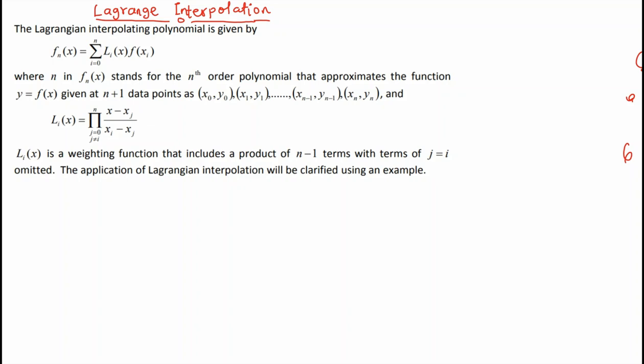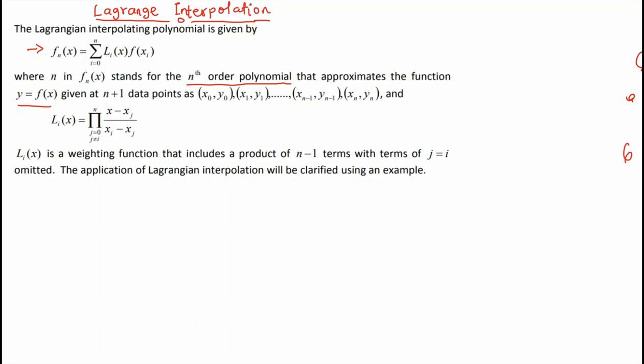The Lagrange interpolation polynomial is given as fn of x, which is equal to the sum of Li of x multiplying f of xi from i equals 0 to n, where n in fn of x stands for the nth order polynomial that approximates the function y equals f of x, given at n plus 1 data points as x0 y0, x1 y1, all the way to xn minus 1 yn minus 1, xn yn.